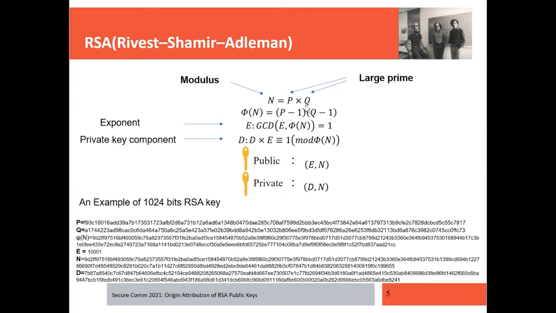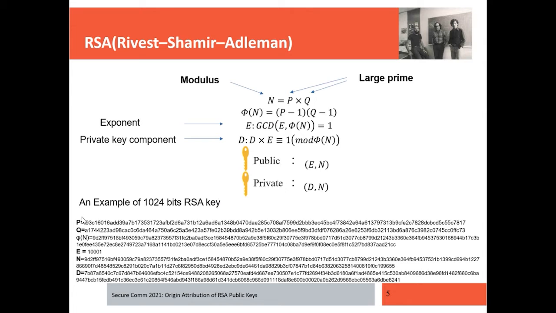Based on these two large prime numbers, we can calculate the modulus and the exponent value, and the D value, which is one of the components of the private key, can be calculated based on the modulus value and P and Q. Then the pair of exponent and modulus will form the public key, and the pair of D and modulus will form the private key.